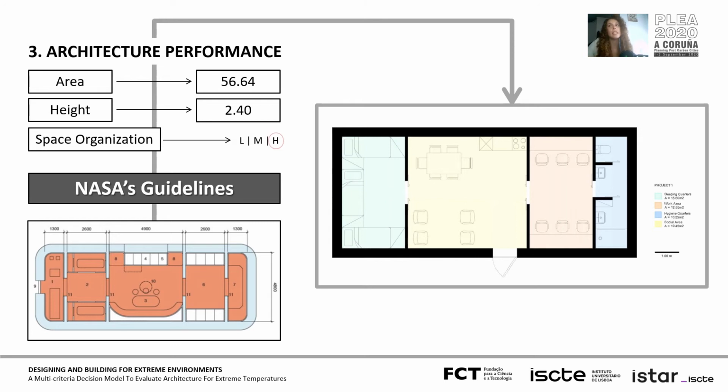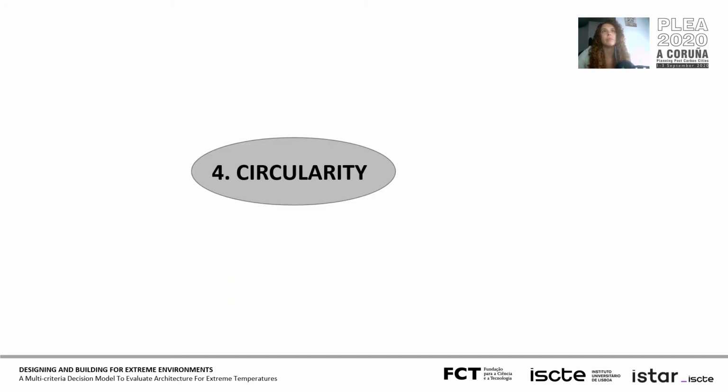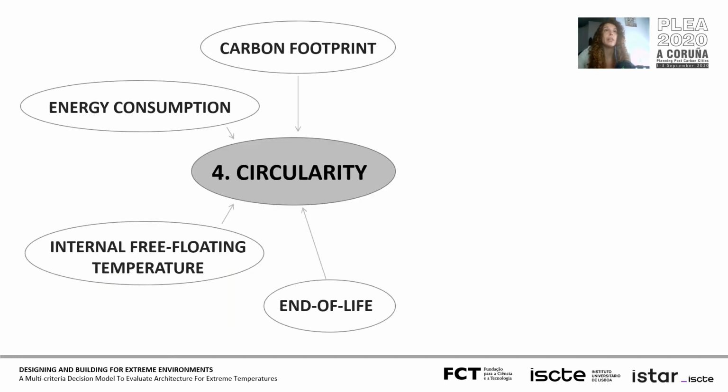As it is, it always rated high on our models because it followed all of the guidelines. Lastly, circularity exists as a criteria that encompasses others in order to assess environmental impact.